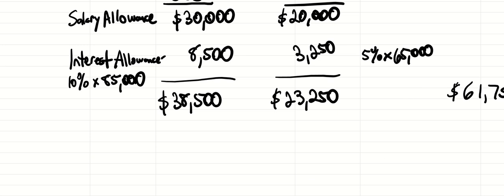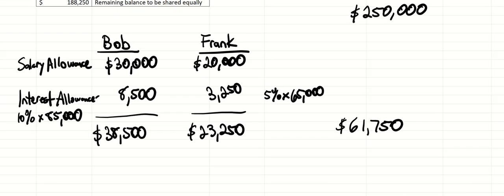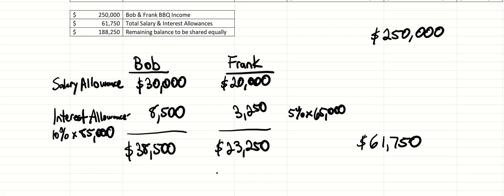So what we have to do first is, now this is the income here. I'm just going to put on here income that was generated by the business. We're going to have to now take $250,000 and subtract out $61,750.